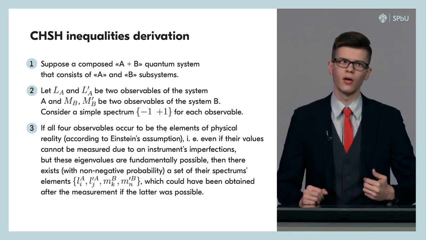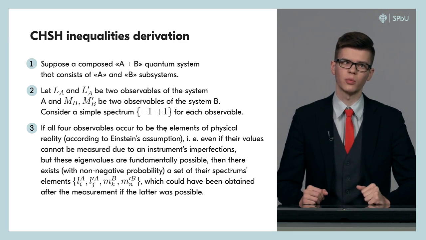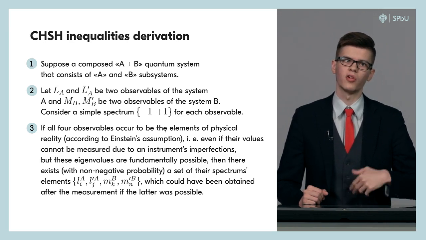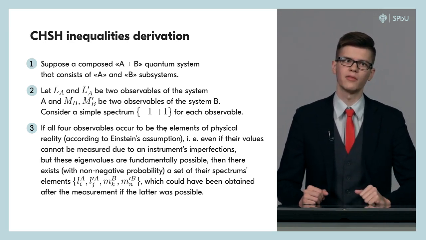In another set, all four observables have a value of -1. A third set contains the value +1 for observables LA and LA prime, while observables MB and MB prime have values of -1. Denote these sets by L_iA, L'_jA, M_kB, and M'_nB.